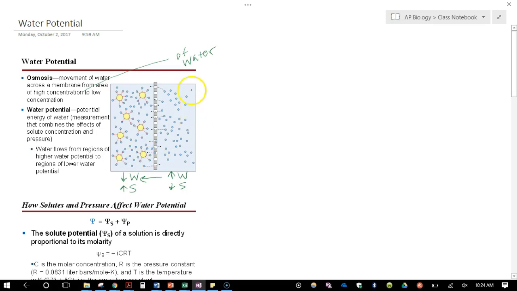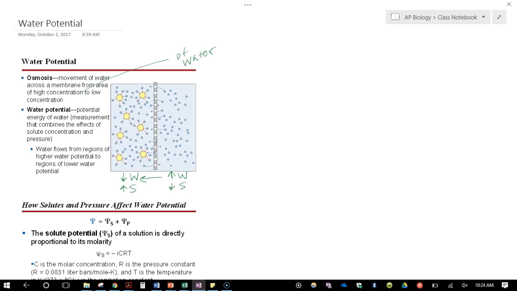On this side, you have lots of free water molecules, okay, that aren't associated with solute in any way. So water, when it is free, has a lot of potential energy to move around. When water is in close proximity to solute, okay, it's kind of stuck and can't really move around, so it has very low potential energy.